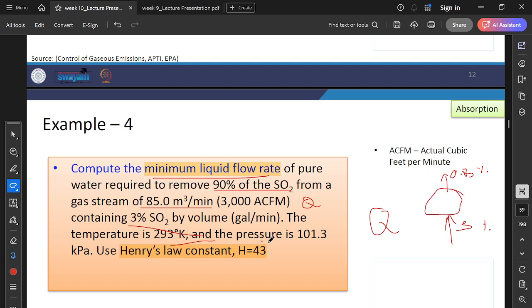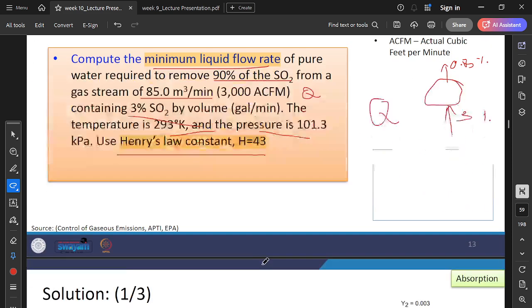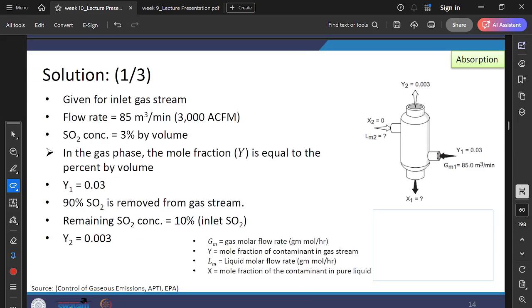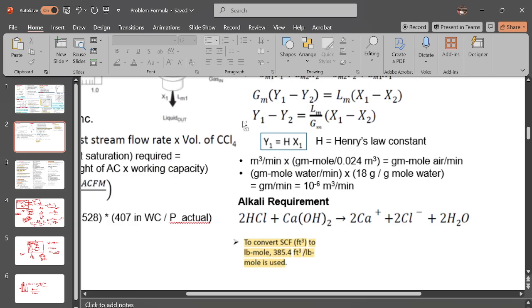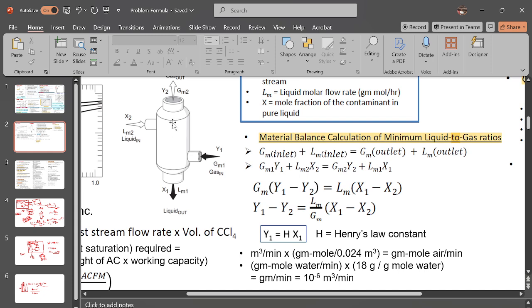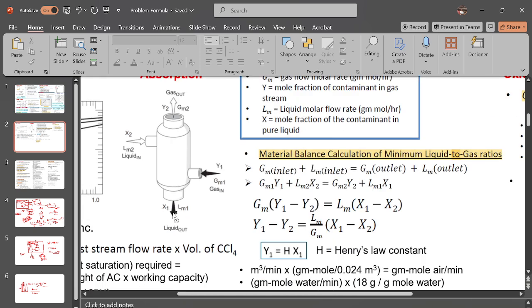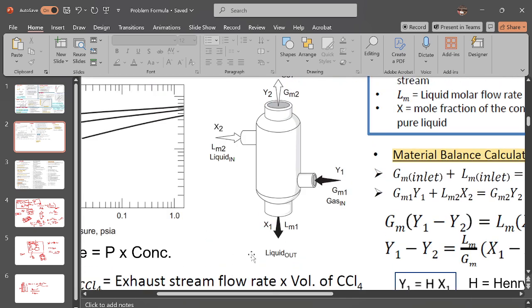The temperature and pressure, everything was given, and Henry's law constant was given. So for absorption, you see the formulas for absorption. See here. So there is a gas in and a gas out, and the water will come from top to bottom, same like a wet scrubber. Absorption works on the same principle as wet scrubbers. So gas in, there is a flow and there is a concentration.